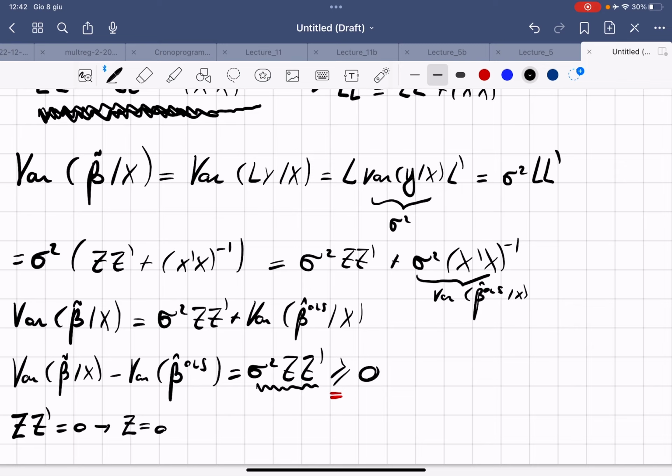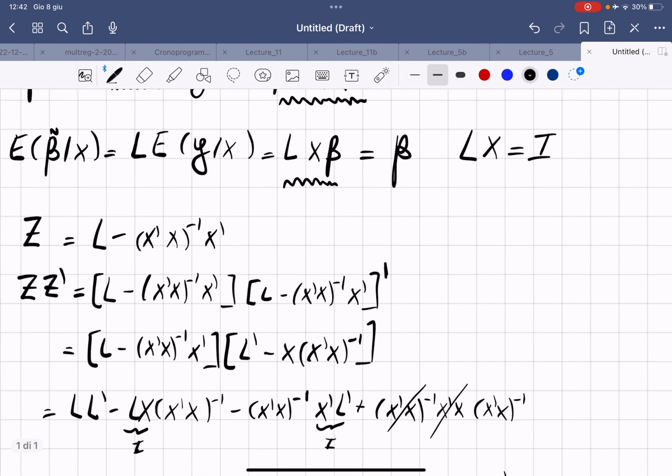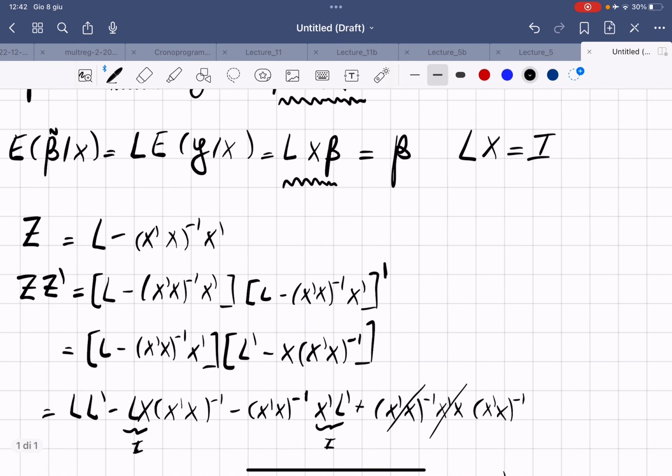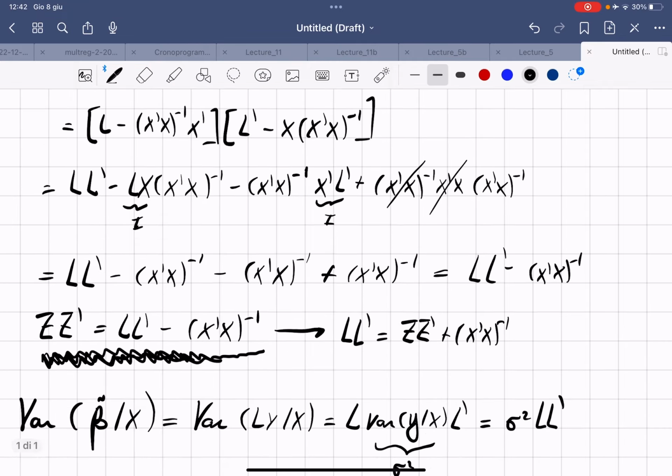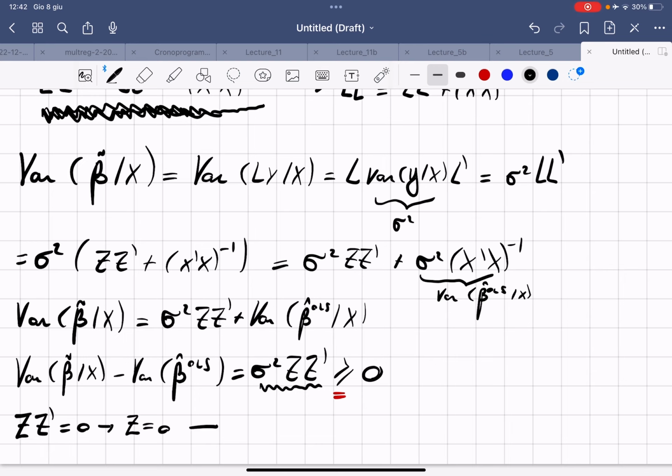And to have Z, which we stated was the difference, equal to 0, we need L to be equal to X transpose X inverse times X transpose.